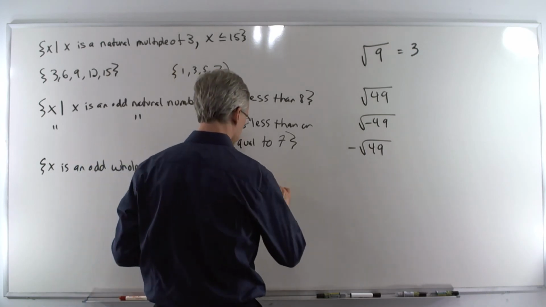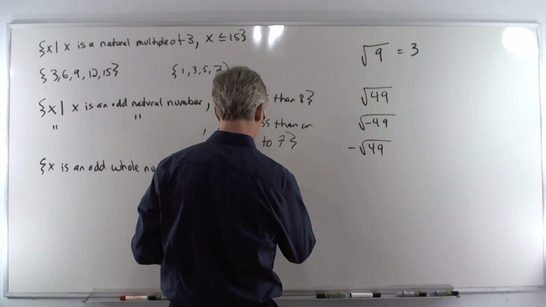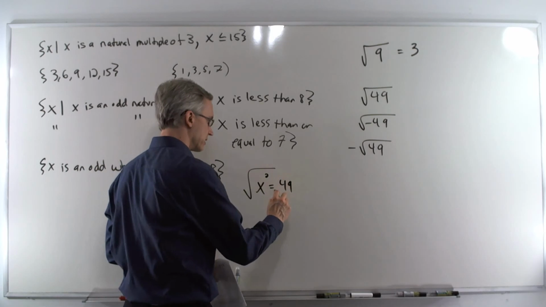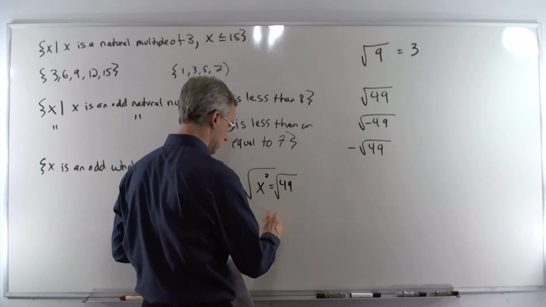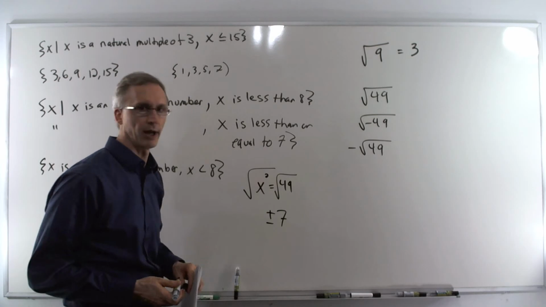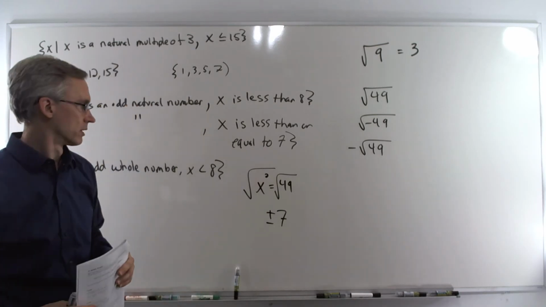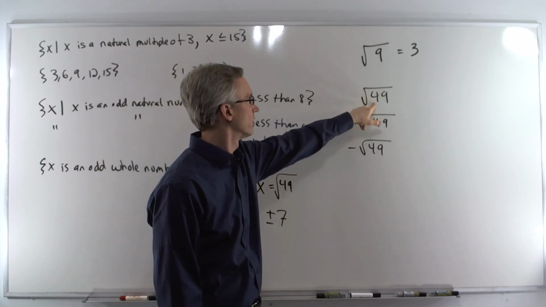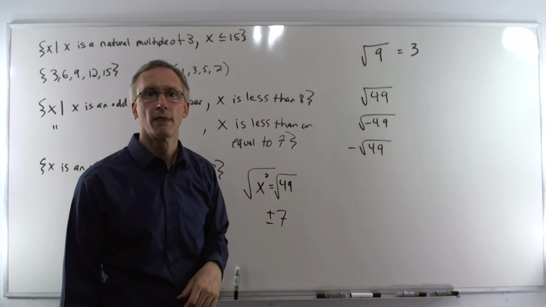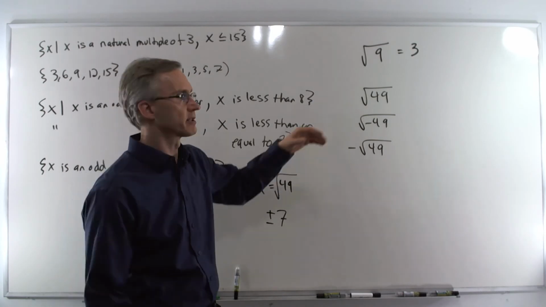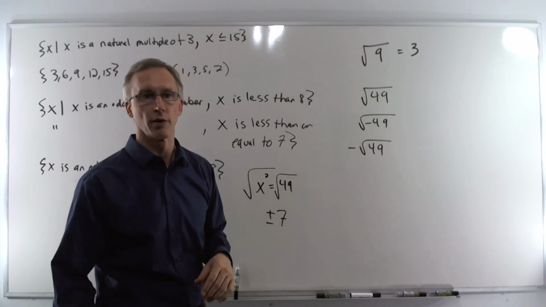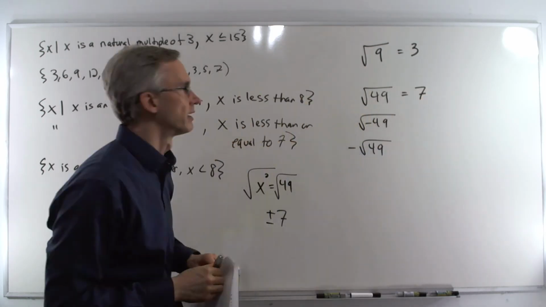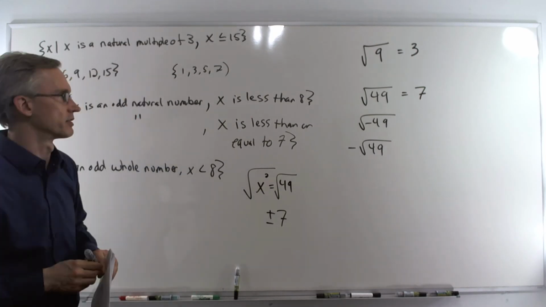If we have something like x squared equals 49, and we want to solve this by taking the square root of both sides, well, in this case, we get two answers, plus or minus 7. However, when we're working with just this symbol, just a radical with a number underneath, this symbol means the principal square root, which is only the positive square root. So the answer to this is just positive 7. It's not negative 7. That's just by definition.